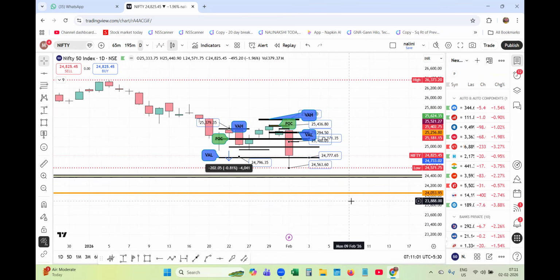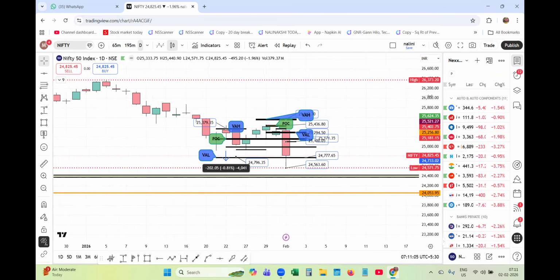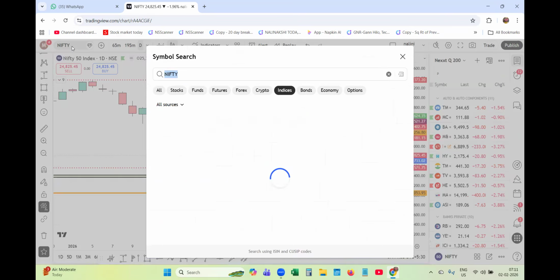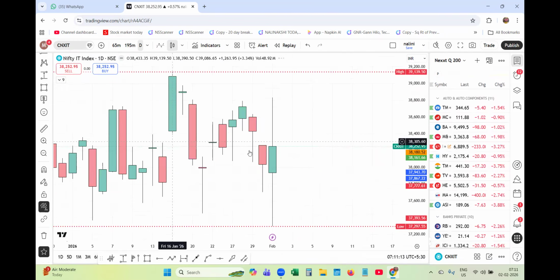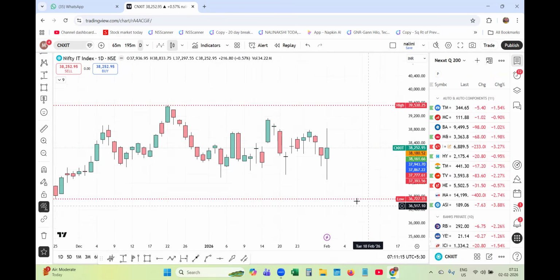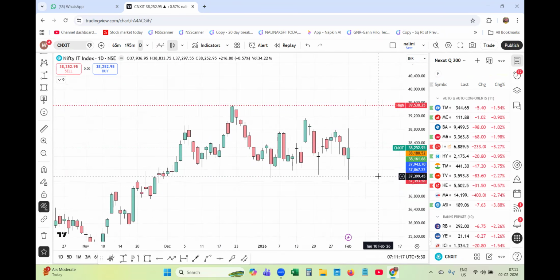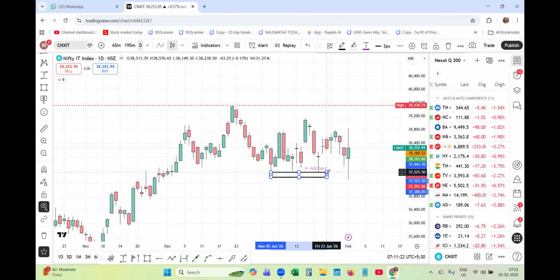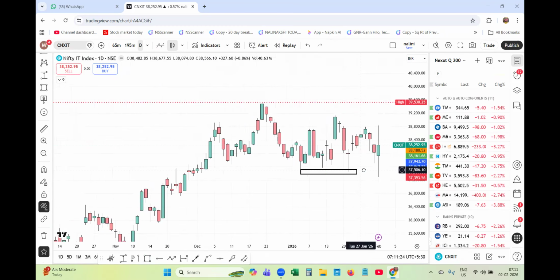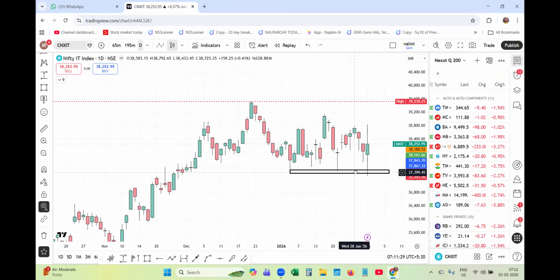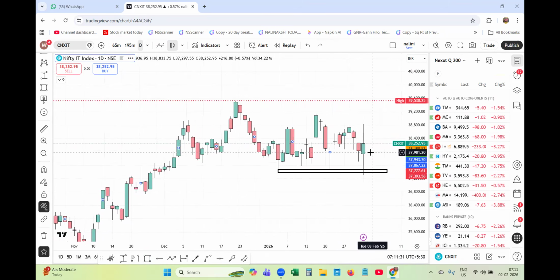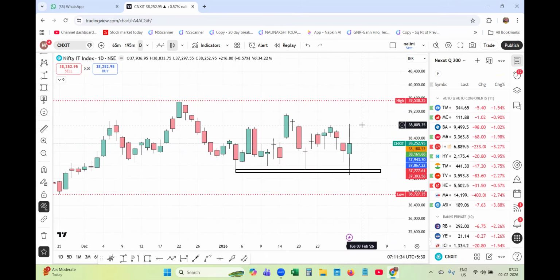for any stocks. Actually, I went through all except a few stocks like IT stocks, the Nifty IT index. Let me show here. See, this has taken liquidity beneath this IT index, and a doji type of candle formed here.